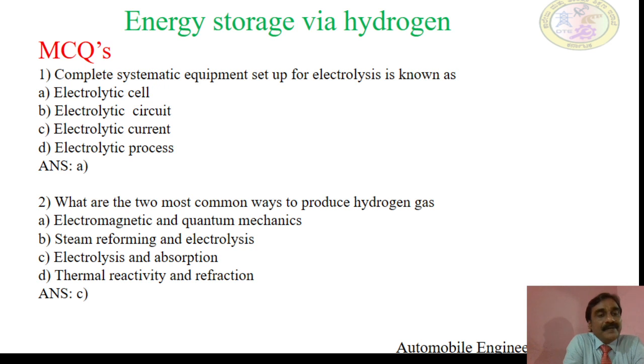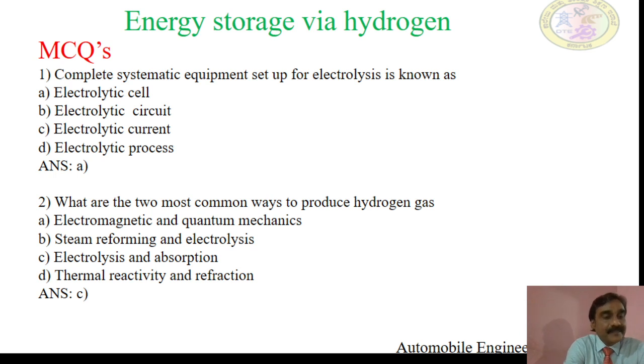The equipment for electrolysis is known as option A, electrolytic cell, in which we can produce hydrogen and oxygen.